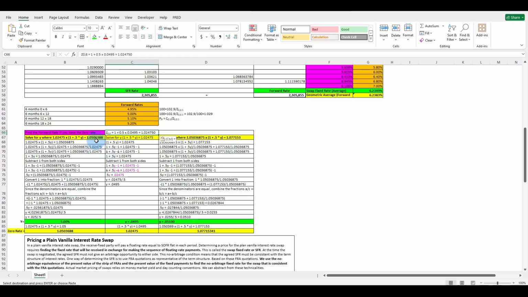Ignore this right here, this 15063. And just think, you have a zero rate of 1.2475 for 6 months, 0 times 6. That's the equivalent of 495. That's the equivalent of this formula right here. But ignore it. All you have is the 1.2475. How would you find the forward rate?